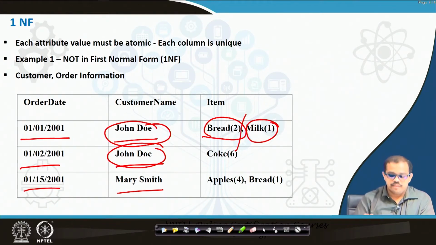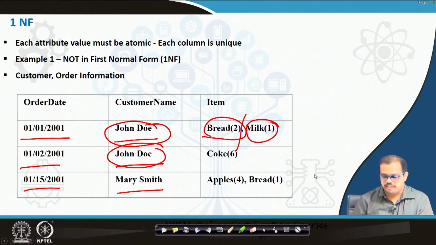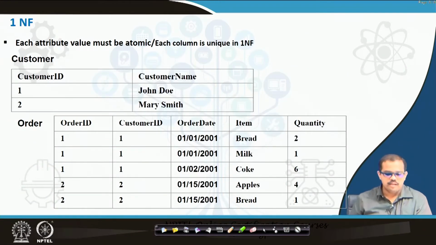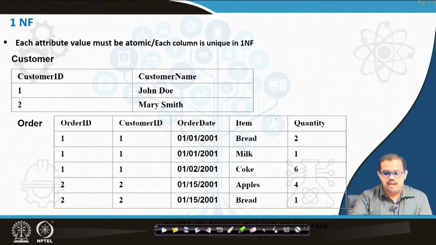Now, if we want to try and translate this into the first normal form, it is as simple as this. I create a table with just a customer ID. So, this would be my primary key. In this case, I would create a customer ID and a customer name. Now, this particular customer ID is linked to another table which has order ID, order date and the item.